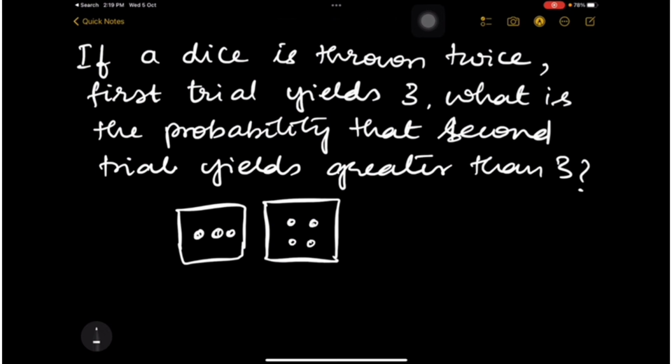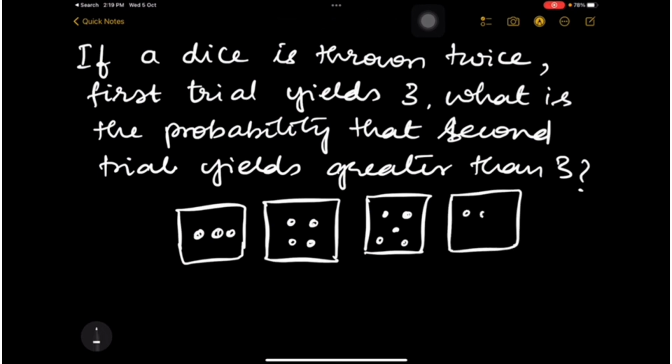That is, it should be 4 or 5 or 6. So sample space we know. When you roll a dice, it's 1, 2, 3, 4, 5 and 6.